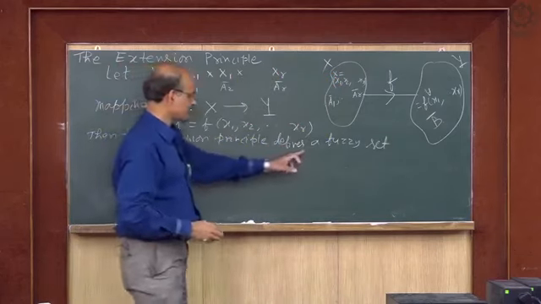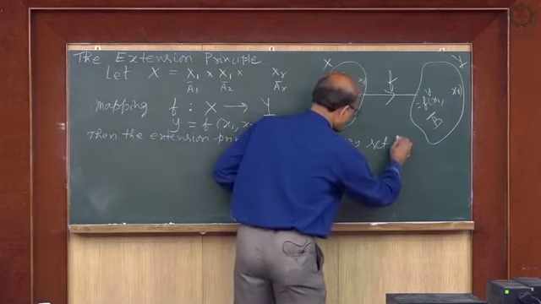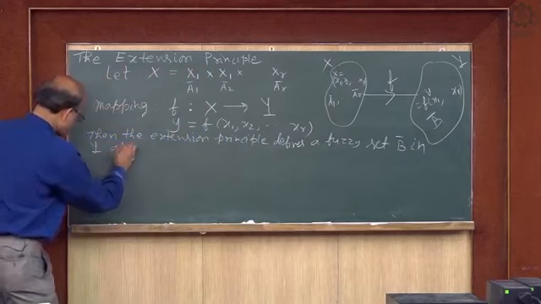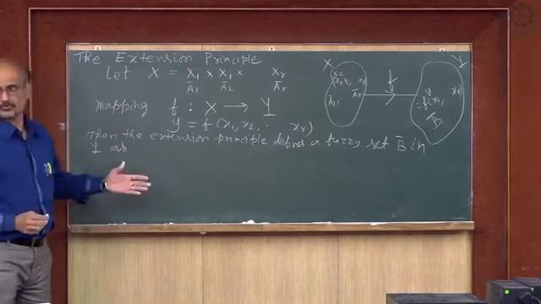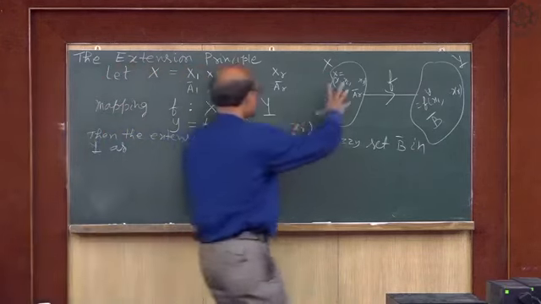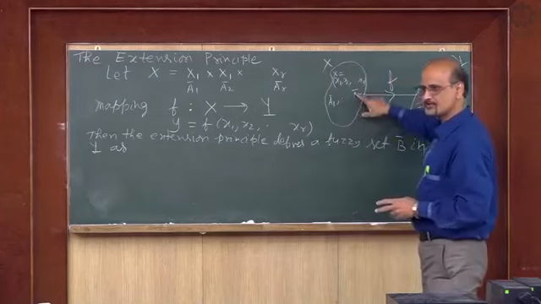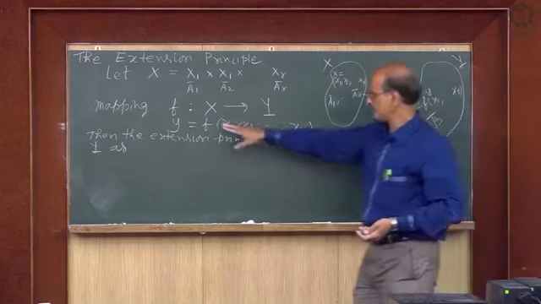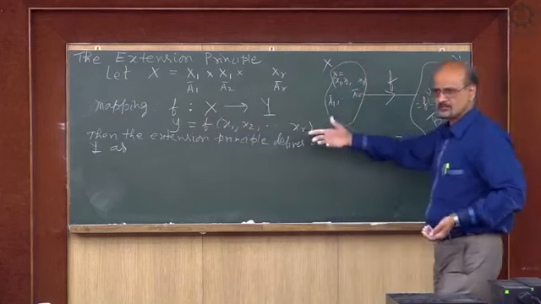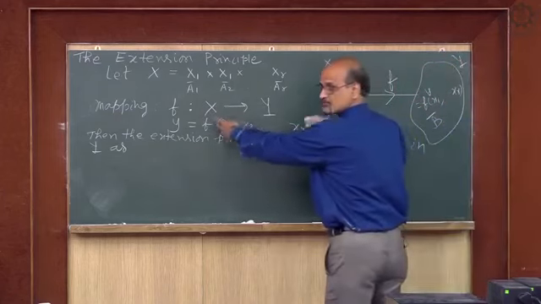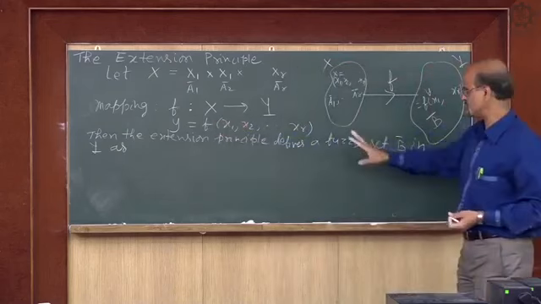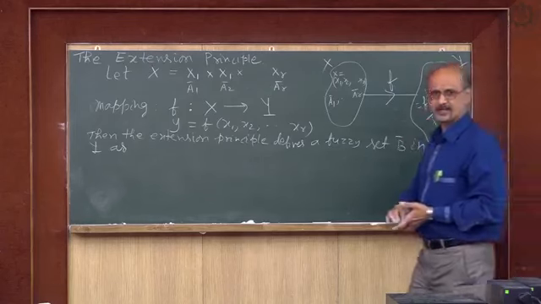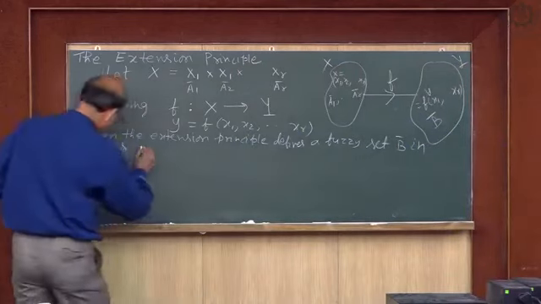The extension principle defines a fuzzy set B bar in Y as follows. The fuzzy sets A1, A2, ..., Ar are given. We define a function y equal to f of x; we can define anything, for example x squared, meaning the summation of squares of x1, x2, ..., xr, any function. If you define that, then we will get a fuzzy set B bar.